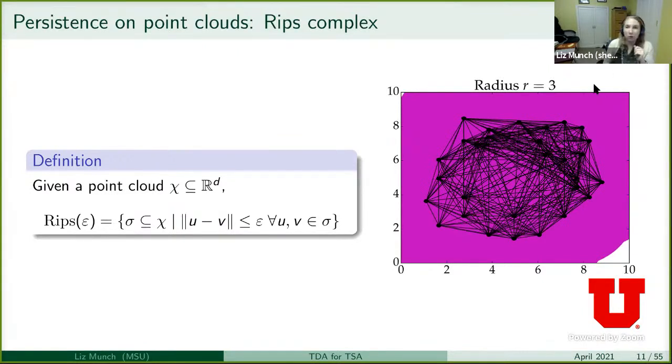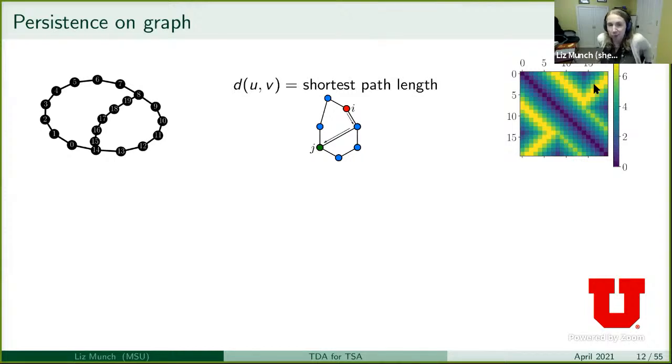Let's say my input data is a graph now instead of a point cloud. I can start with my graph on the left. There are labels on the vertices that have nothing to do with anything, so just ignore those. But I can define a distance between any two vertices in my initial graph by looking for the shortest path distance.